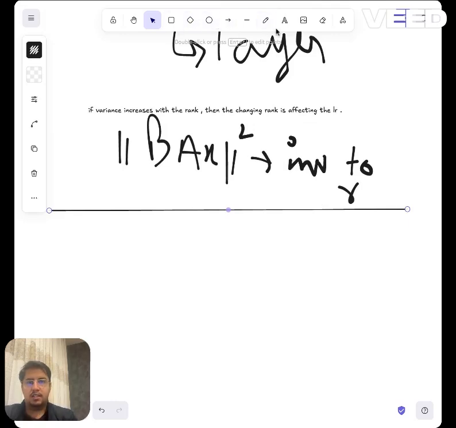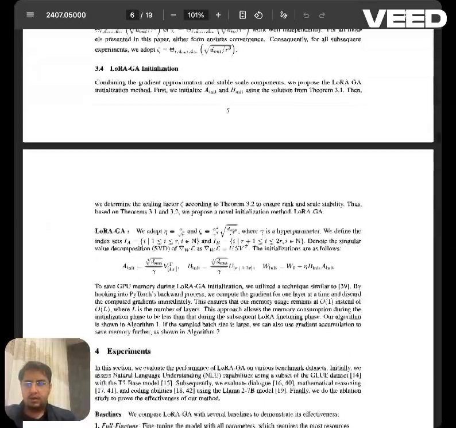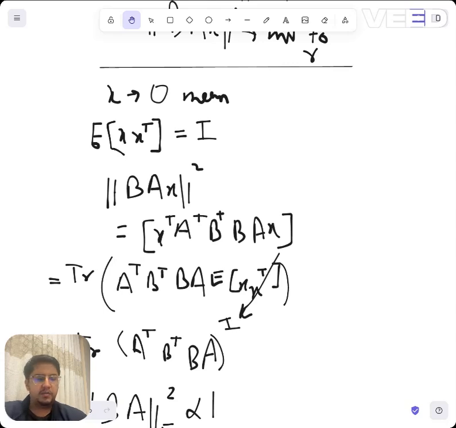Let's take a couple of really simple, standard, reasonable assumptions for internal activations. Let's say that x has zero mean, and the expectation of x times x transpose is an identity matrix.